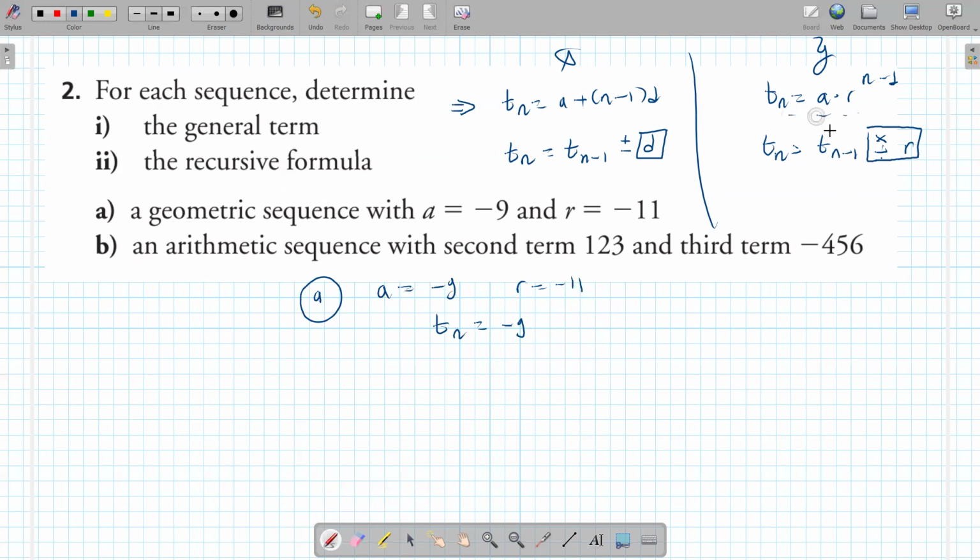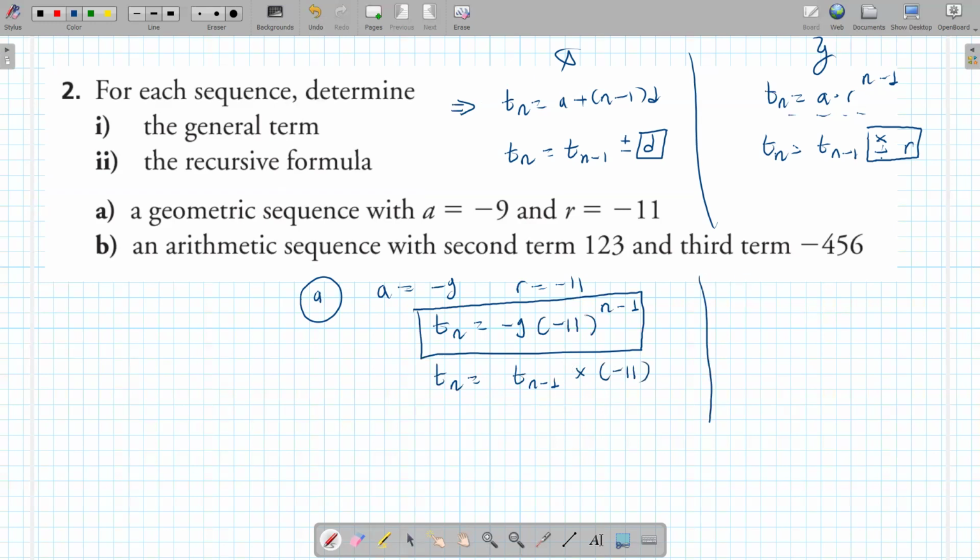Geometric sequence, I should be using this one. So a is -9, r is -11, and n we don't know. So there we go, that would be the general term. And for the recursive term, it's just going to be the previous term times what? Times r. Yeah, so -11. So the next term is the previous term times -11. That's the answer to part A. You're done. General on the top, recursive on the bottom.